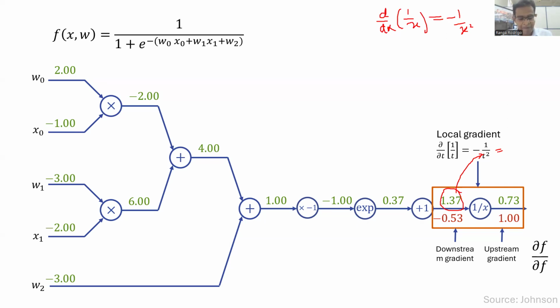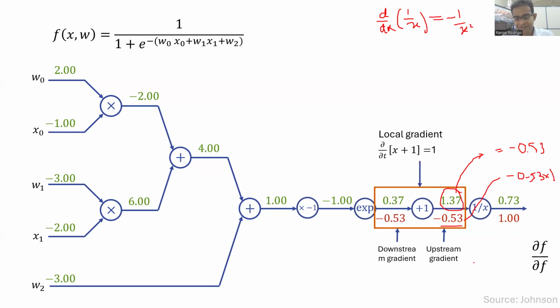Minus 1 over 1.37 squared turns out to be minus 0.53. That one, you multiply with the upstream gradient. Upstream gradient is 1, so the local gradient minus 0.53 multiplied by 1. That's how you get this downstream gradient as minus 0.53.